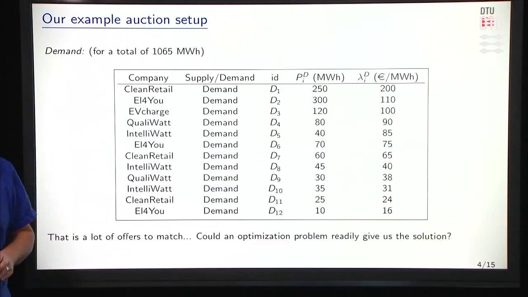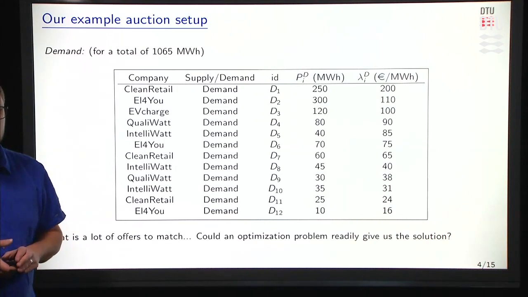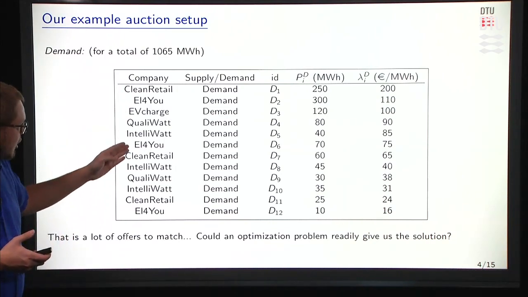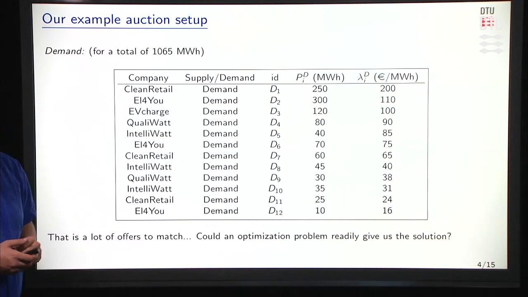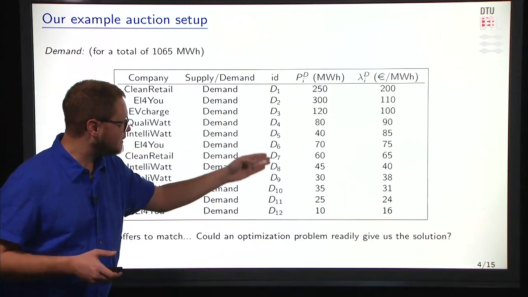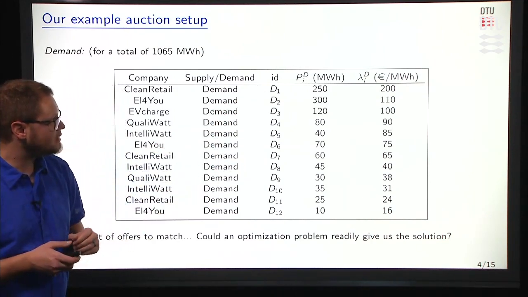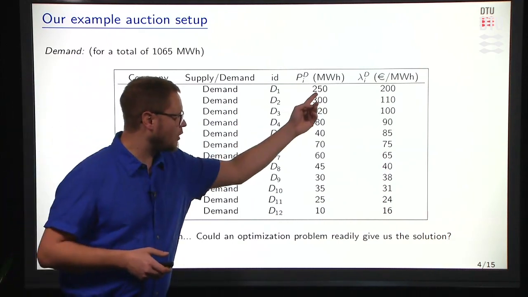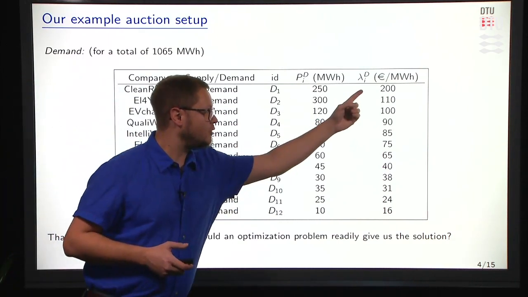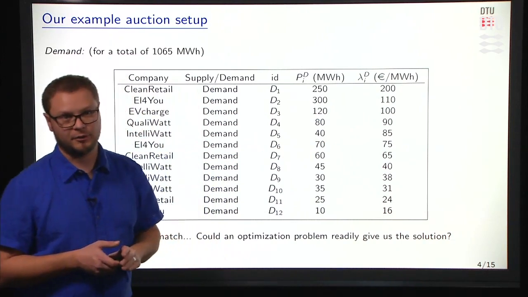Similarly, on the demand side, we have the same table as in the previous block. We have a set of companies, possibly appearing several times, a set of ID for consumption offers, and they are defined in terms of a quantity in megawatt hours and a price in euro per megawatt hour.